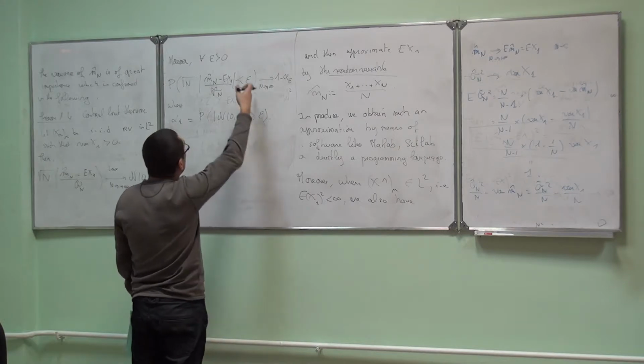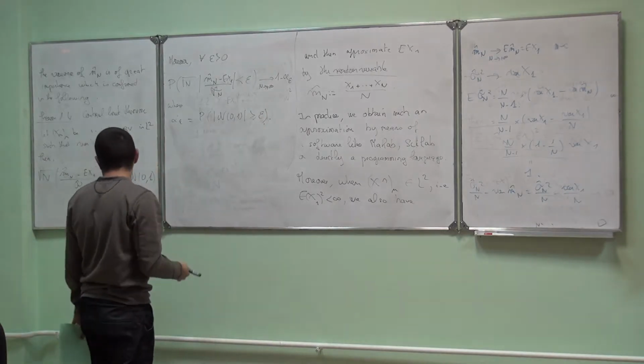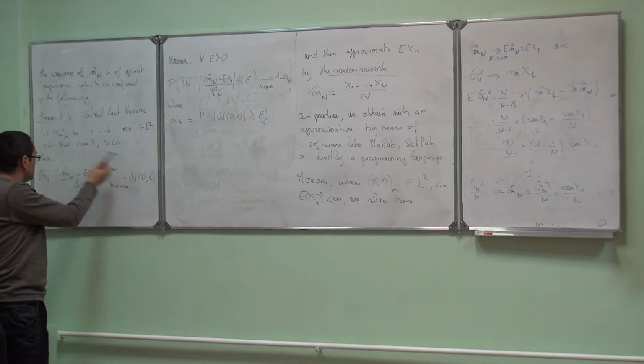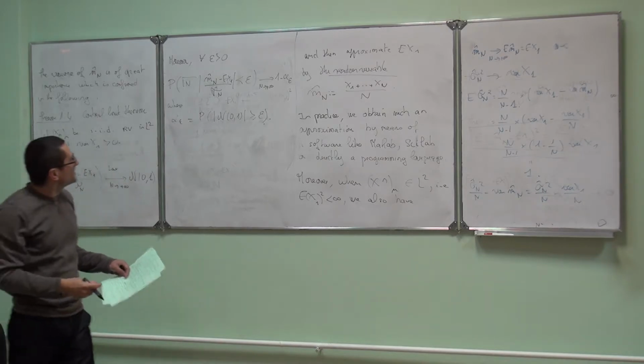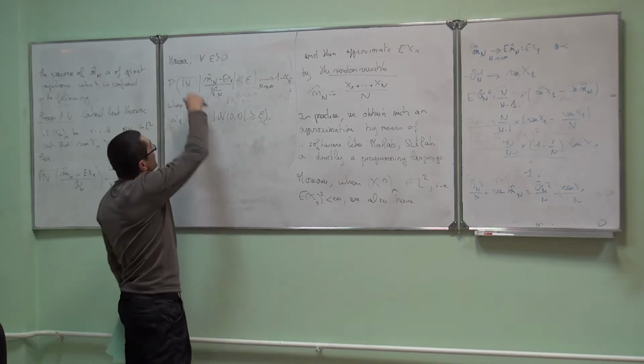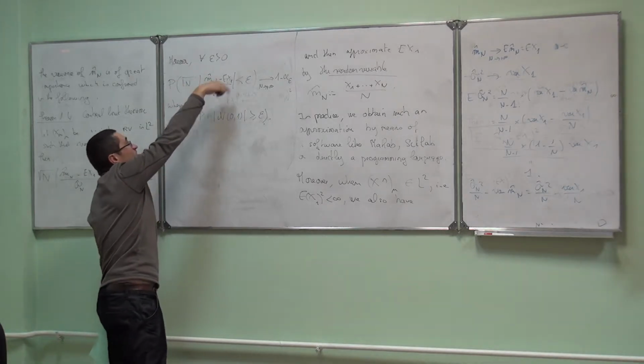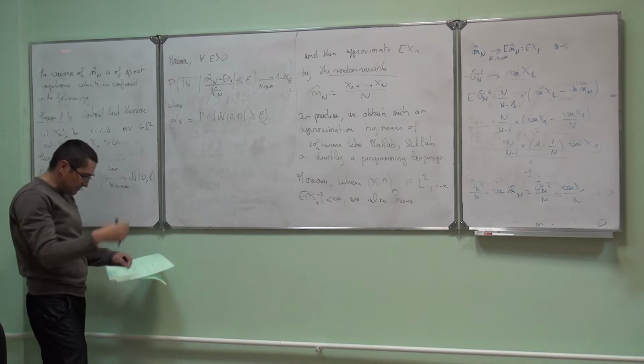This is not a surprise because we just use this property. That is as if we were replacing this random variable by its limit.